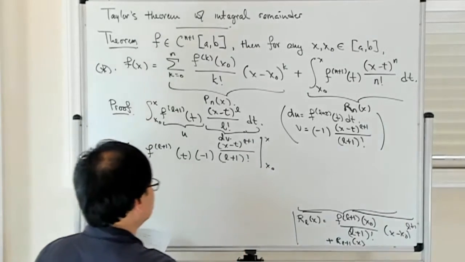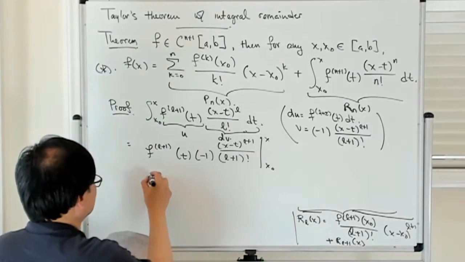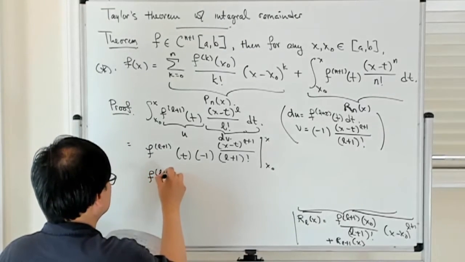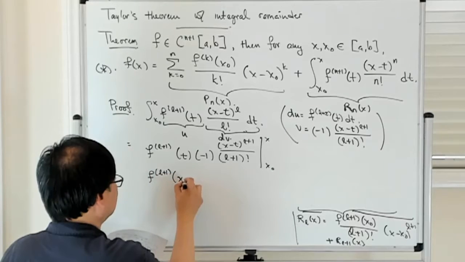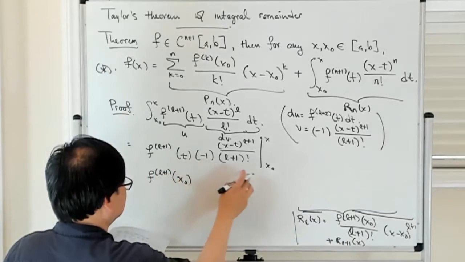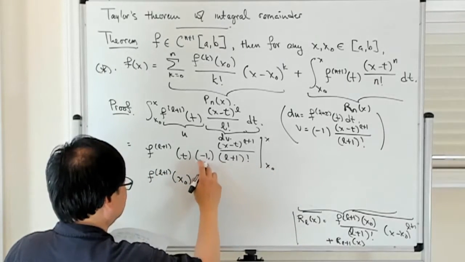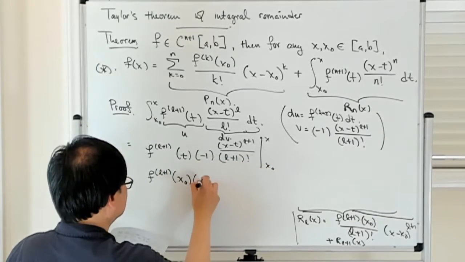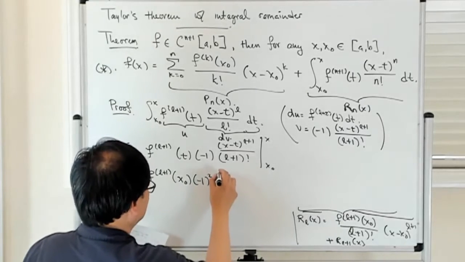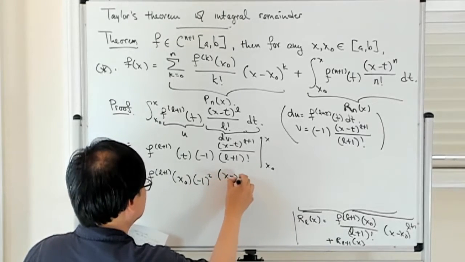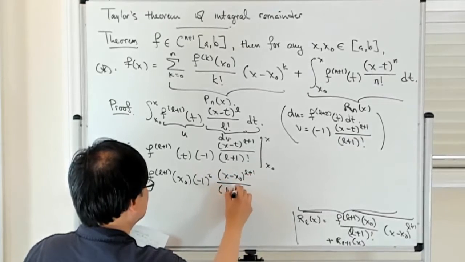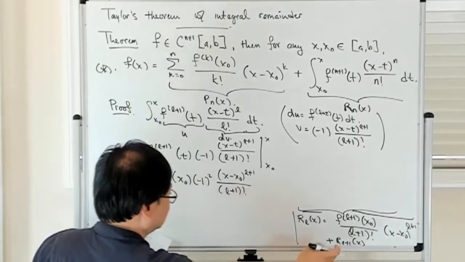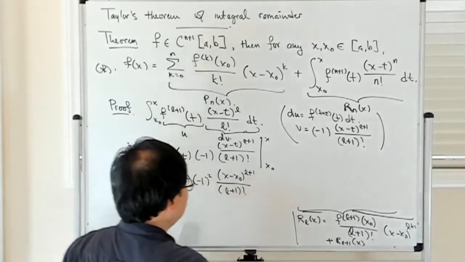So that's going to give me the (L+1)th derivative at x0, and then there's another minus sign because I'm subtracting off the value at x0, so there's a minus sign squared. Then there's (x minus x0)^(L+1) over (L+1) factorial. That term is exactly the next term of the remainder, right?